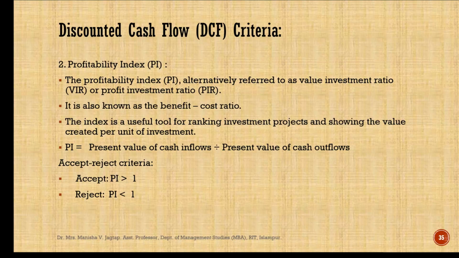Thus, it can be understood that when limited capital is available and projects are mutually exclusive, the project with the highest profitability index is to be accepted as it indicates the most productive use of limited capital. The profitability index is also called the benefit cost ratio for this reason.